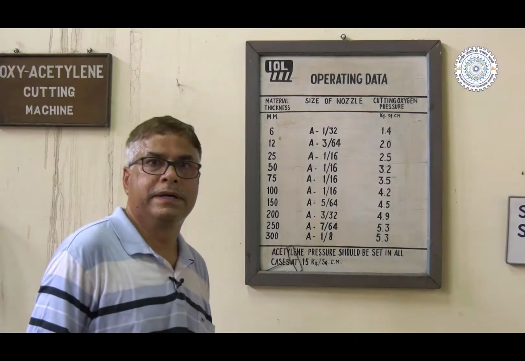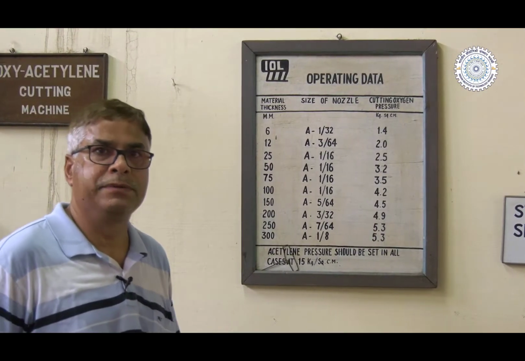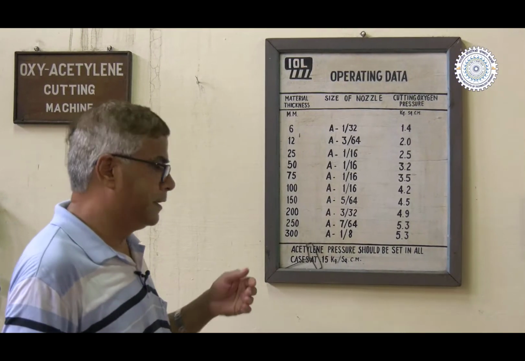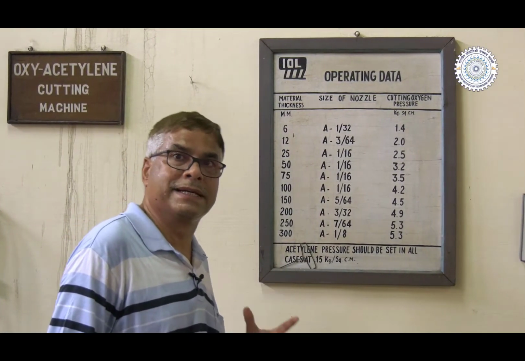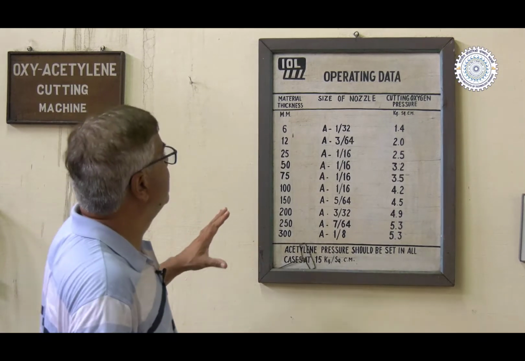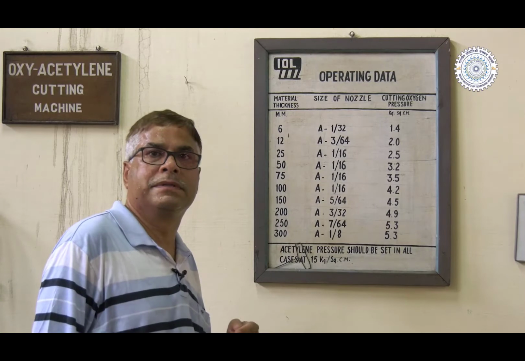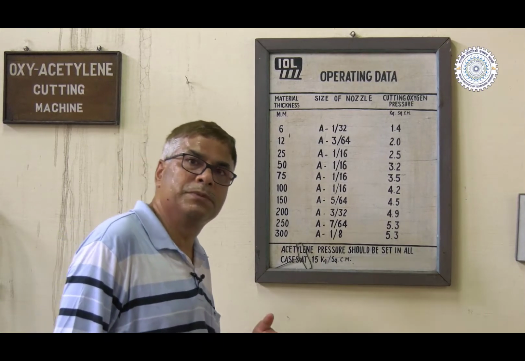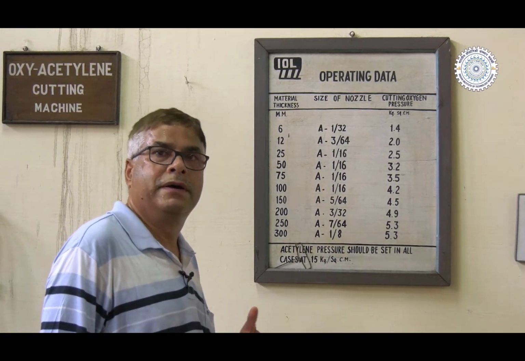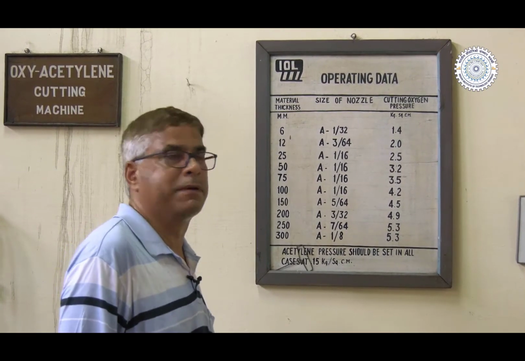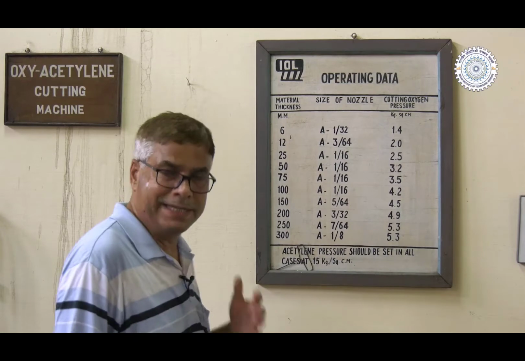As I have said, the oxy-fuel gas system can be used for joining, brazing as well as cutting. Here we see a table of the kind of parameters which should be used for oxy-fuel or oxy-acetylene cutting of different types of steels.